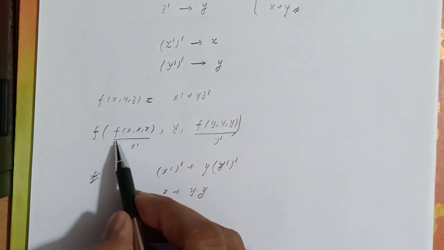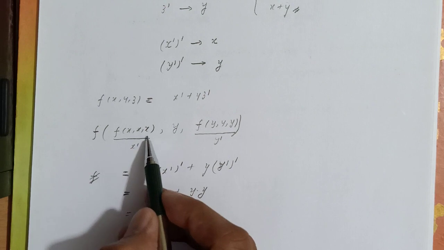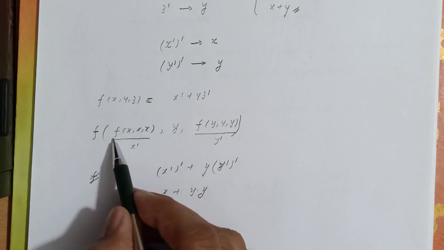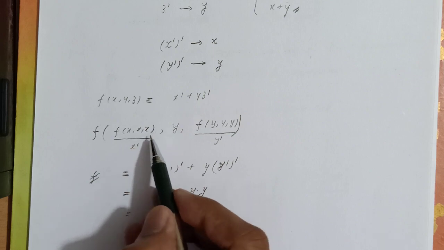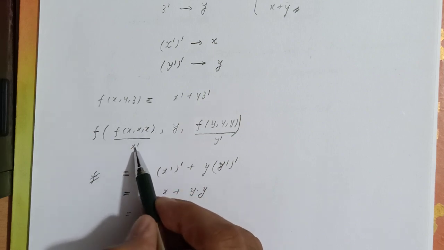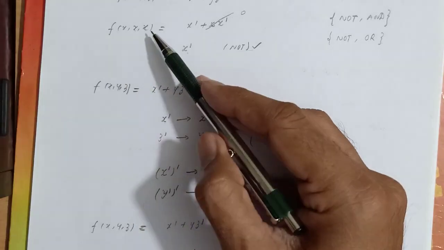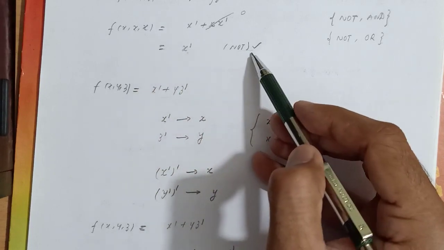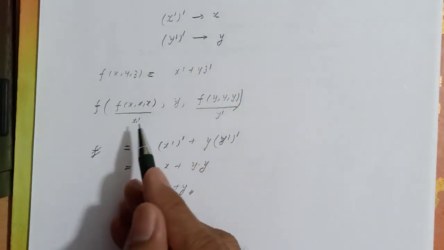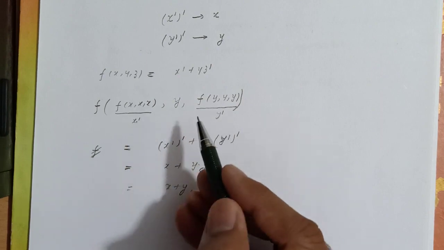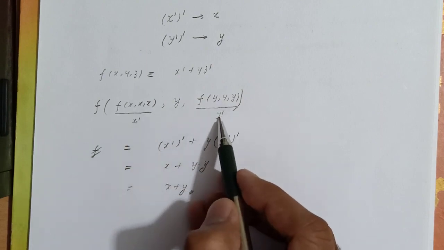That's why we are using the definition of a nested function. In place of x we put f of x, which is nothing but x dash, because we have seen how NOT is derived. So here we will get x dash, and this is also y dash.